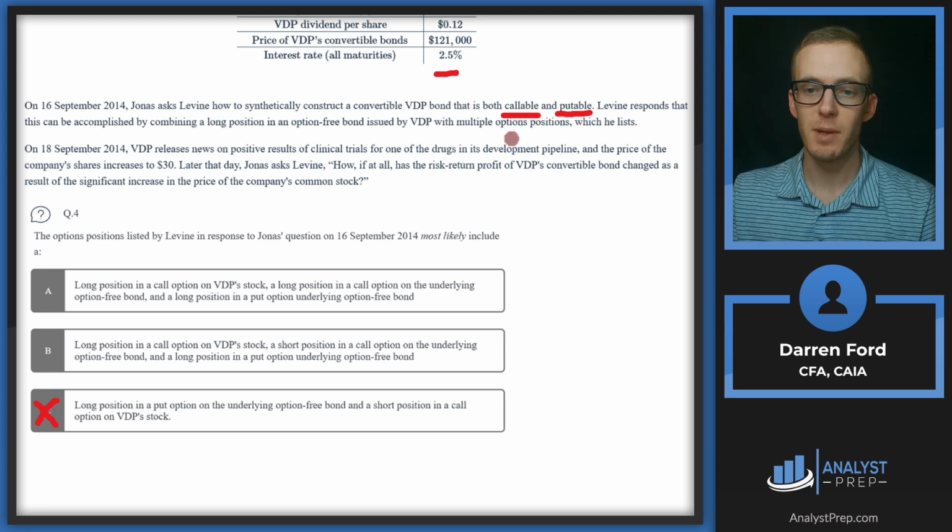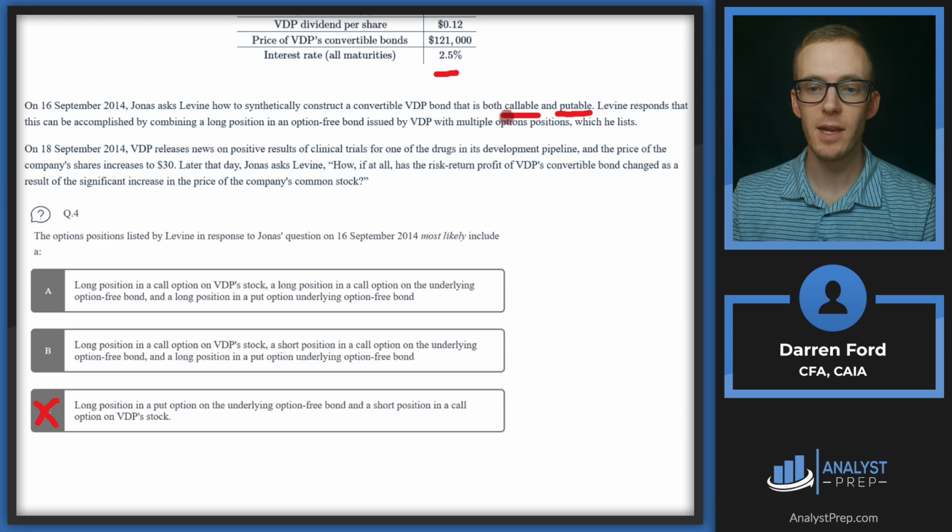For a bond to be callable, this protects the issuer. Essentially, for a callable bond, this is going to matter if interest rates fall. If interest rates fall, the issuer is going to want to call the bond back so that they can issue debt at a lower rate. When interest rates fall, that means that prices are increasing.